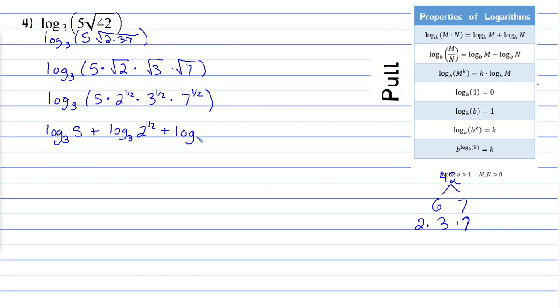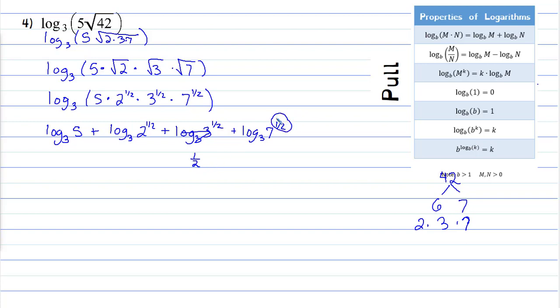So we have log base 3 of 5 plus log base 3 of 2 to the 1/2 plus log base 3 of 3 to the 1/2 plus log base 3 of 7 to the 1/2. And so again, we have this one where there's a match, and so that's going to cancel out completely, just leaving us that 1/2.